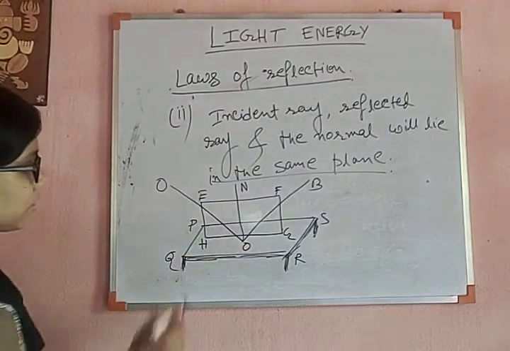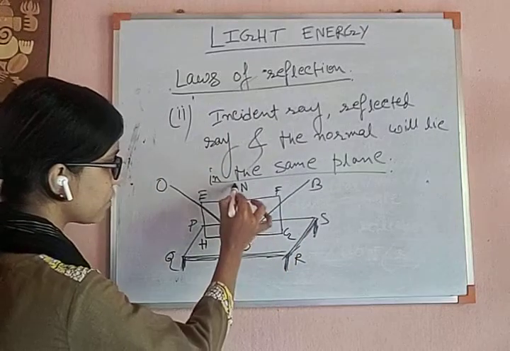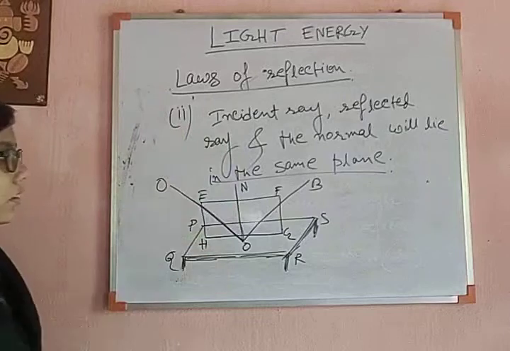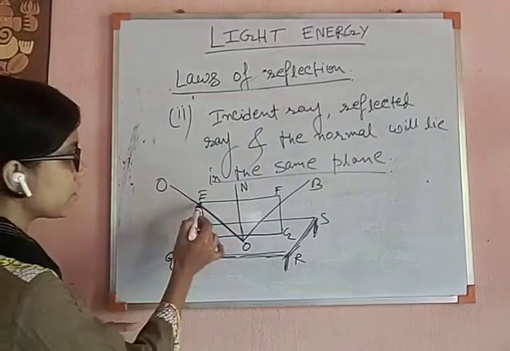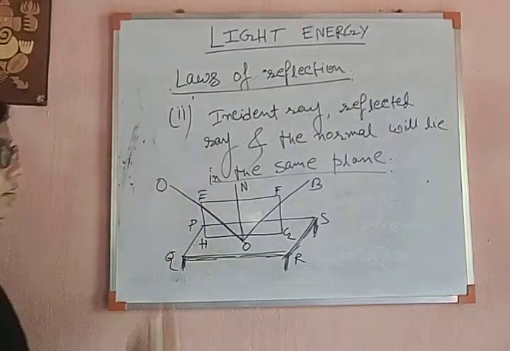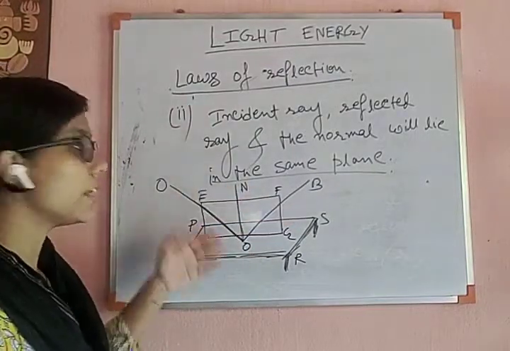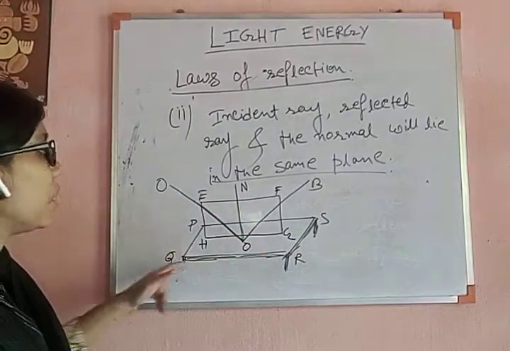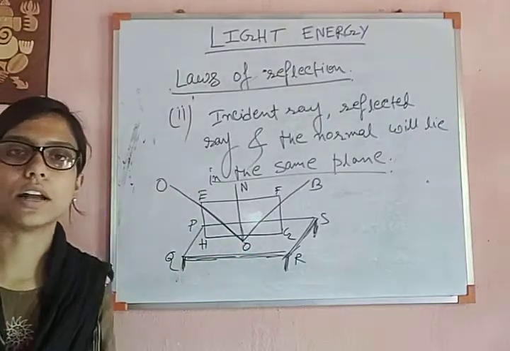You can see that this one is OA, this one is OB, and this one is ON, and all lie like this. These three lines lie in the plane EFGH, which is perpendicular to the plane PQRS, the plane where the light is falling.